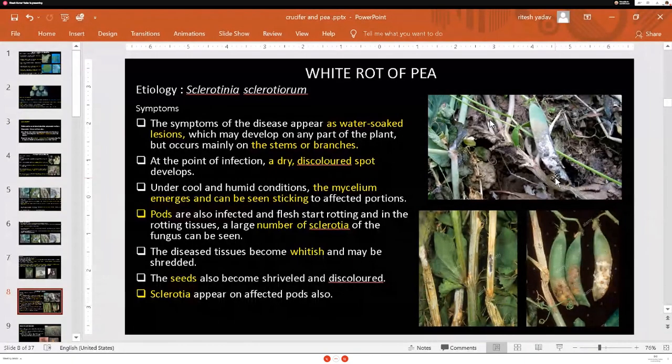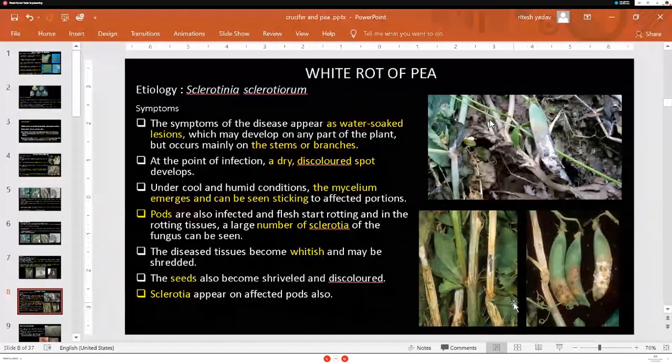Generally, sclerotia start forming in mid-February. By then the temperature slowly starts rising, and the fungus has different survival mechanisms. One of them is the formation of sclerotia, a dormant structure, so that it can perennate from one season to the next.